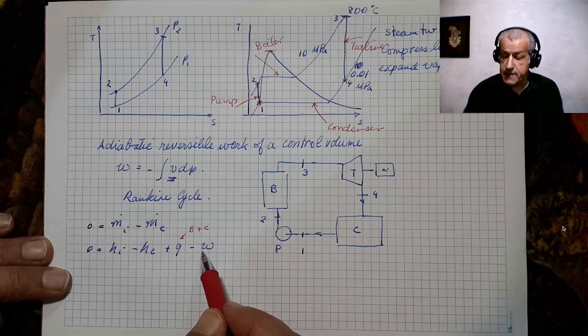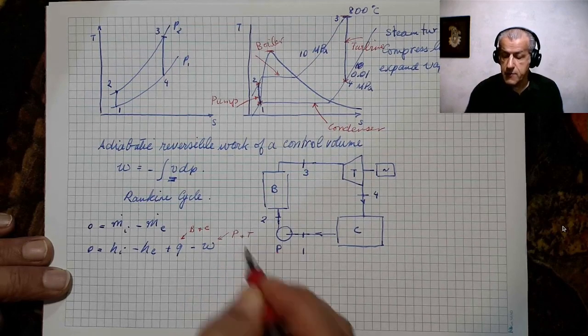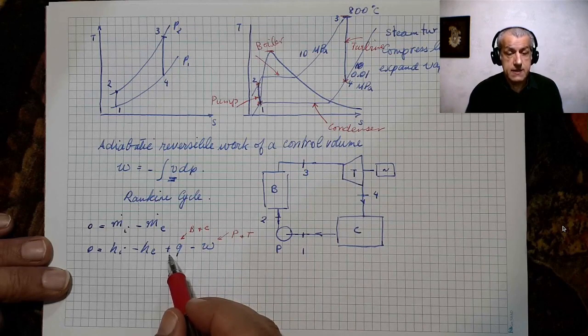And for pump and turbine, W has value and Q is 0.